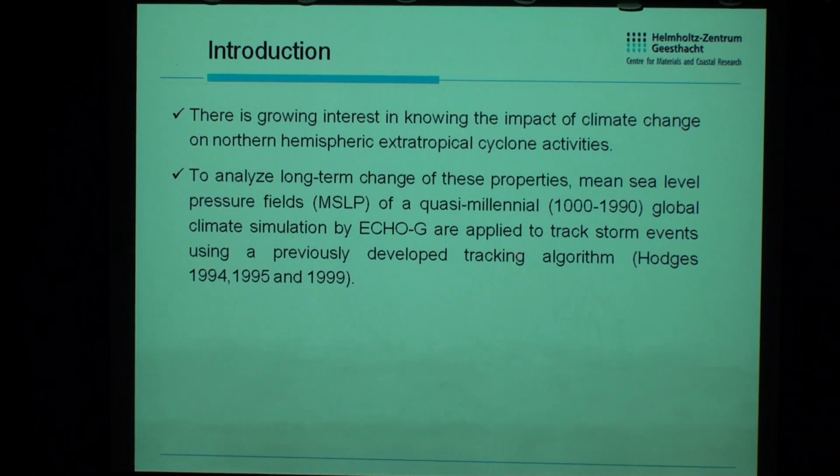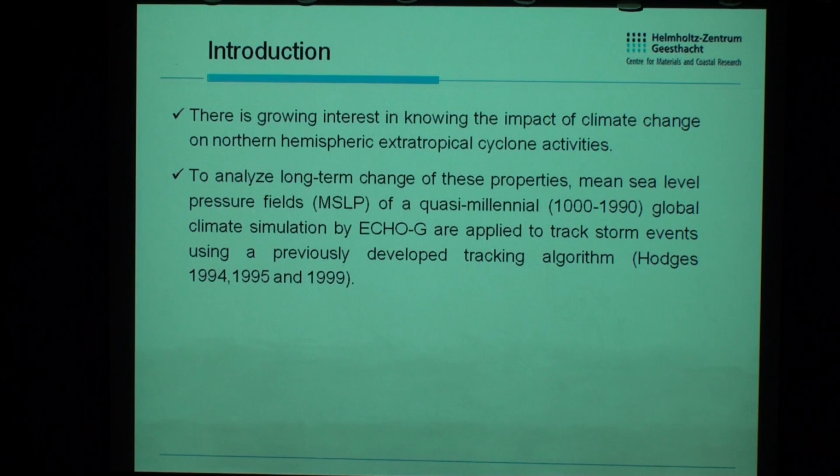Then we use a tracking algorithm to track the extratropical cyclones. I think my colleague explained how to track cyclones or polar lows. In my case it's similar, but the tracking algorithm is from Hodges, which is well developed and designed especially for extratropical cyclones.